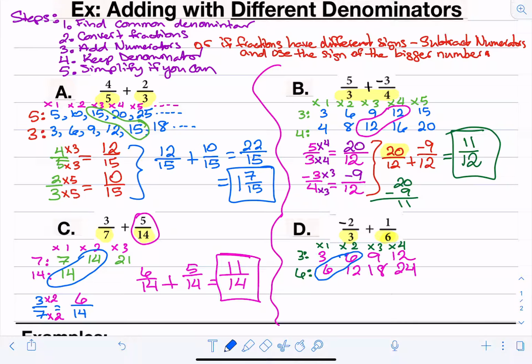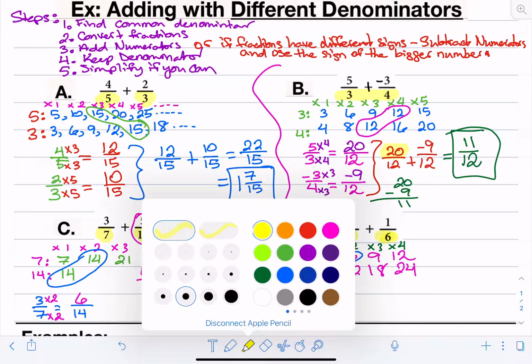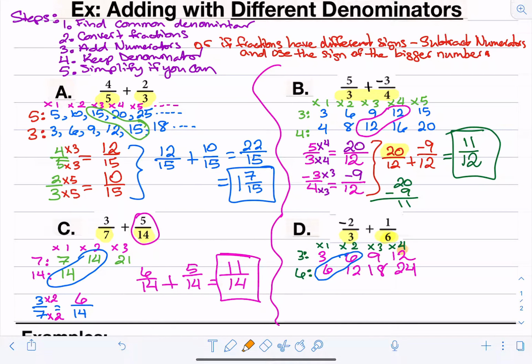That's the smallest number that they both have in common. You will notice that they also have 12 in common, but 6 is smaller than 12. And remember, we need the smallest number they have in common, the least common multiple. So the smallest number that they both go into, that's the same, okay?